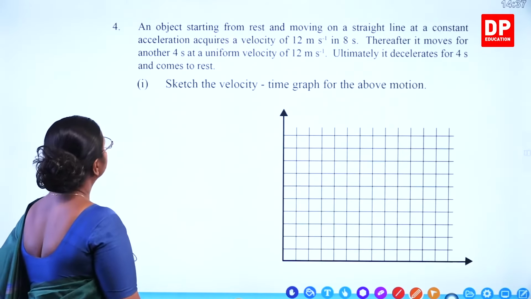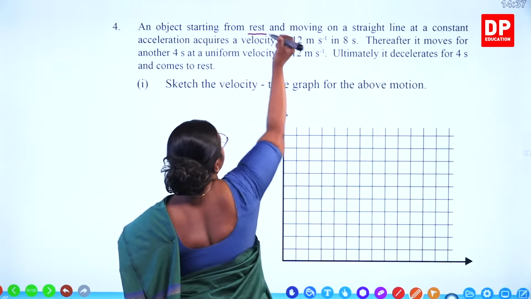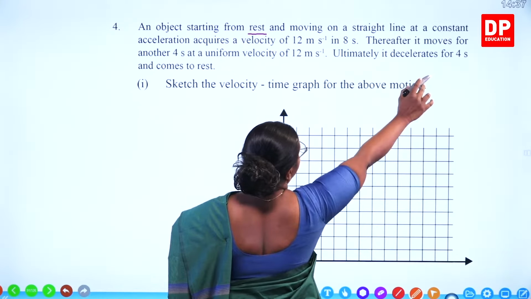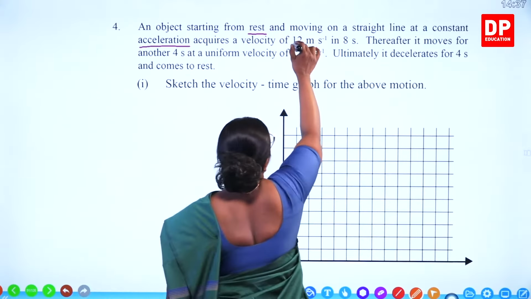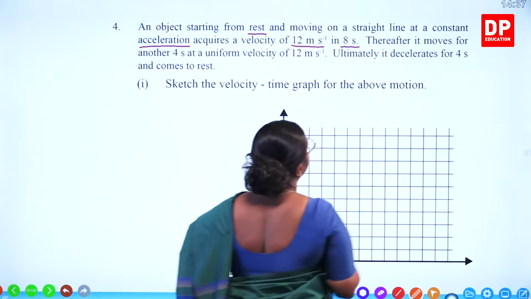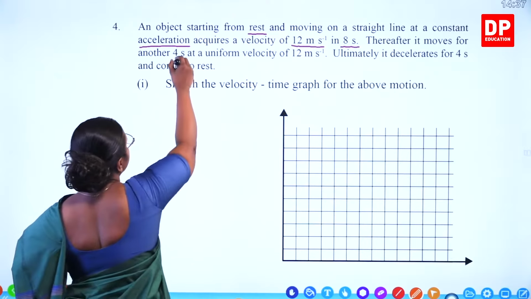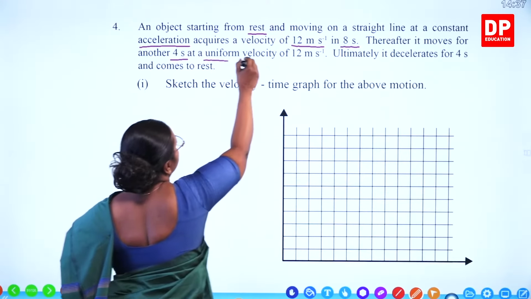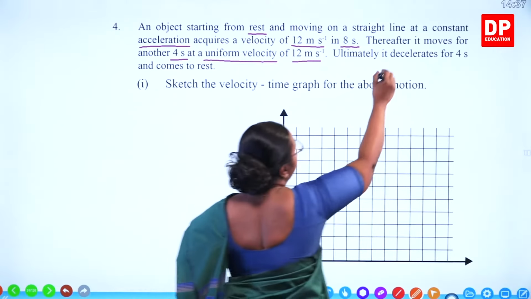The first question: an object starting from rest and moving on a straight line at a constant acceleration acquires a velocity of 12 meters per second in 8 seconds. Thereafter, it moves for another 4 seconds at uniform velocity of 12 meters per second.